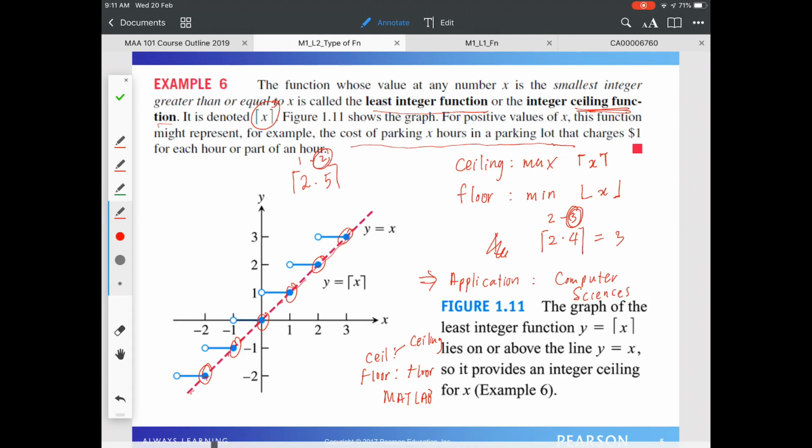They will take the biggest amount. They will charge you 2 ringgit, the maximum amount. This is the application of the ceiling function, where you program it inside the computer, and it can adjust whatever you want accordingly, taking the maximum or the minimum one, either ceiling or floor.